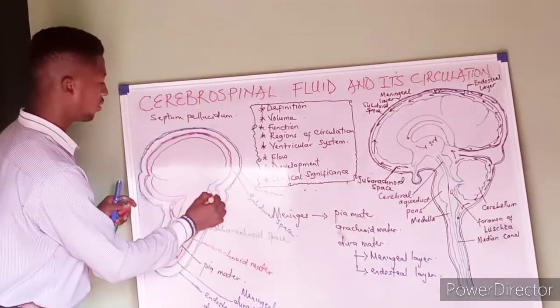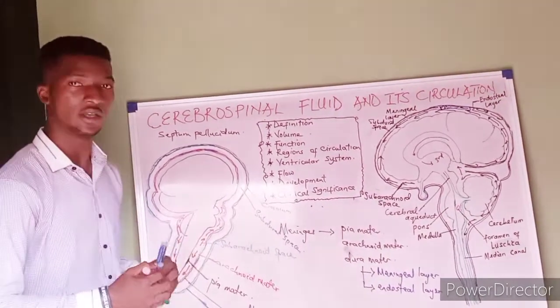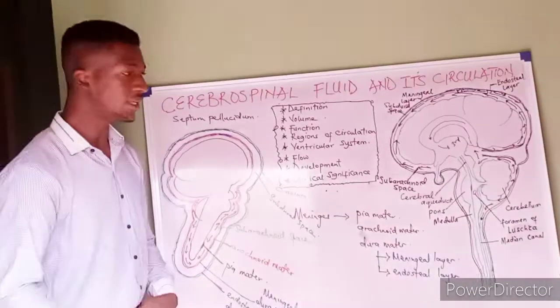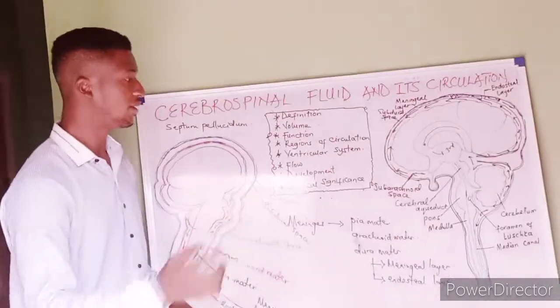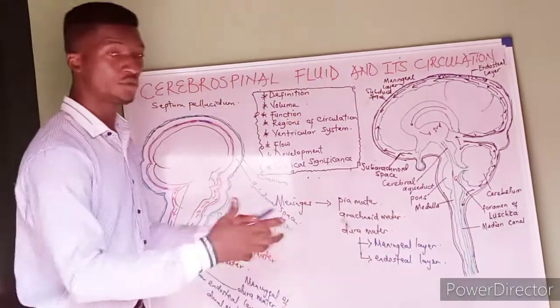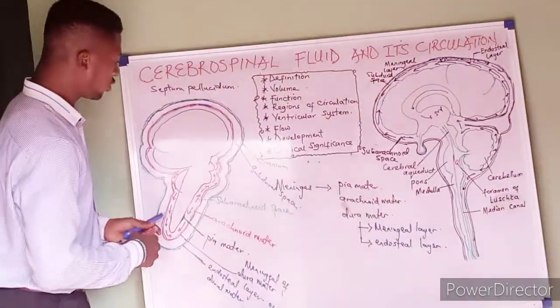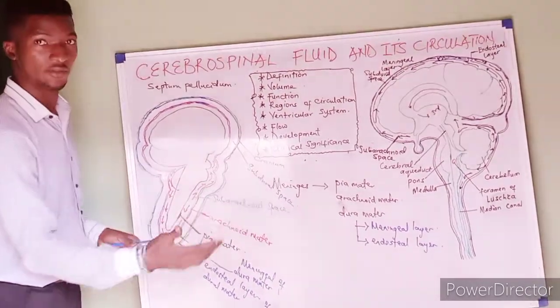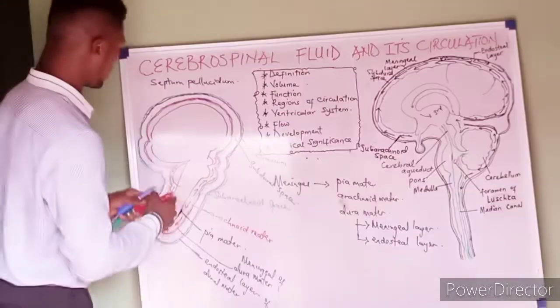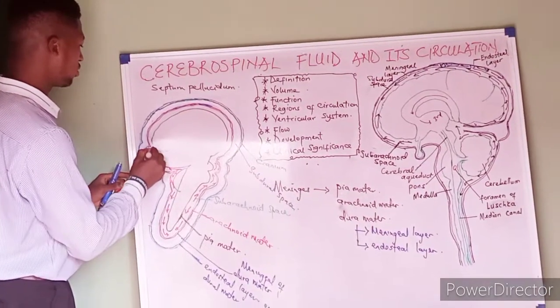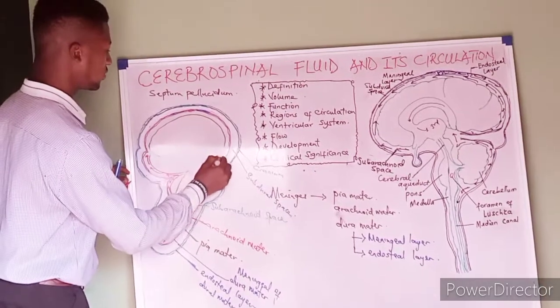The first foramen is called the medial aperture, or the foramen of Magendie. The second foramen is the foramen of Luschka, which opens laterally. So it opens into the subarachnoid space through these foramens, and it continues upward and downward to the brain and the spinal cord.